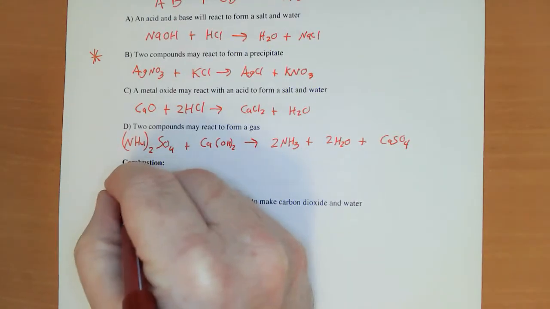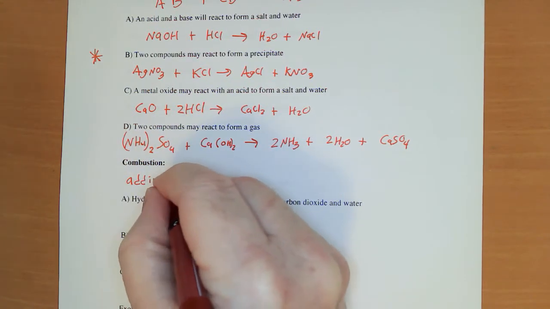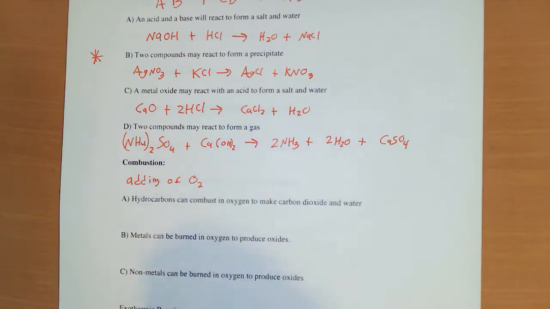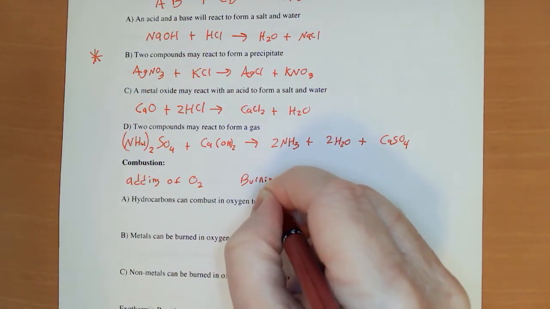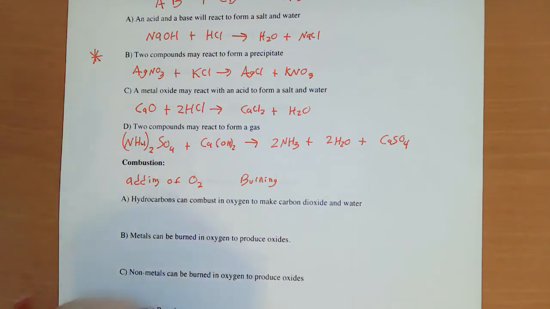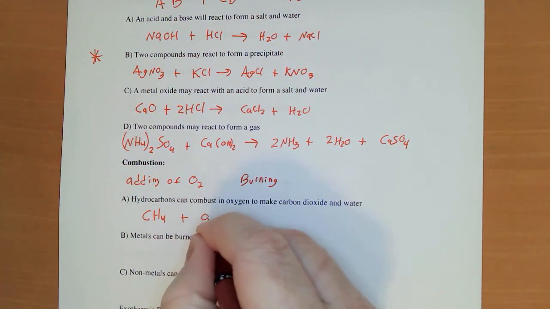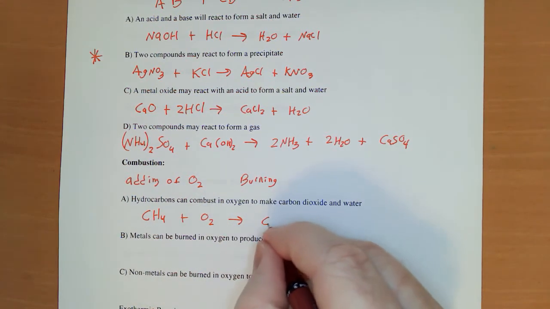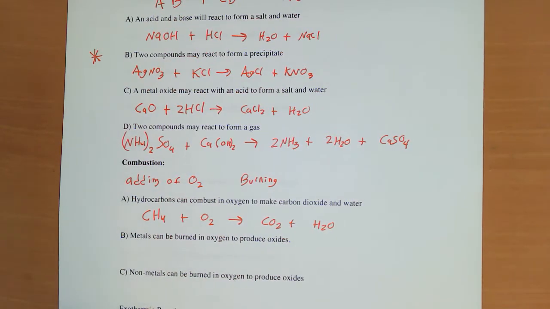Now, combustion. Combustion is the adding of oxygen to something, burning it. We know that we need oxygen in the atmosphere to have a fire. So hydrocarbons like CH4 can react with O2 and form CO2 and H2O.